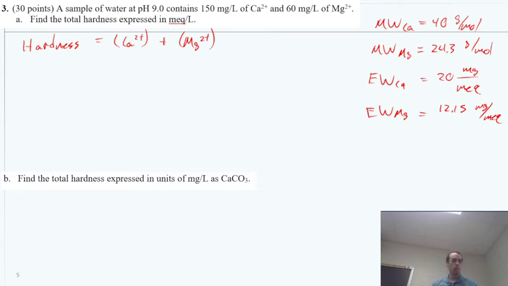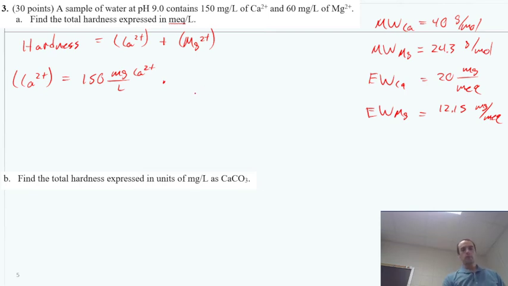Okay, so all of that in place, now we can get our answers. Expressing the calcium, if we find calcium 2+ here, the milliequivalents of that, it's going to be 150 milligrams per liter of Ca2+ times, and we need to convert this from milligrams per liter into milliequivalents per liter.